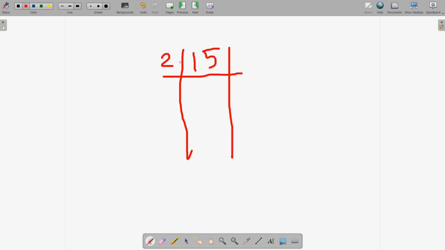That is why we are dividing by 2. So 2 7s are 14, remainder is 1. Then again 2 3s are 6, again remainder is 1. Then 2 1s are 2 and remainder is 1.